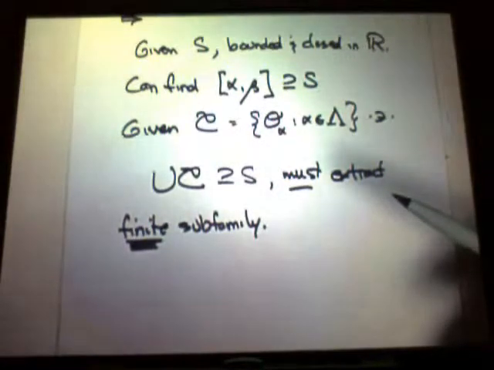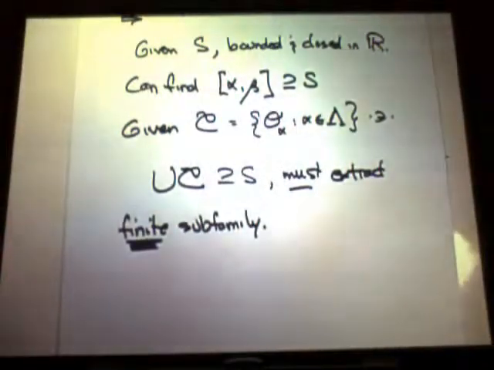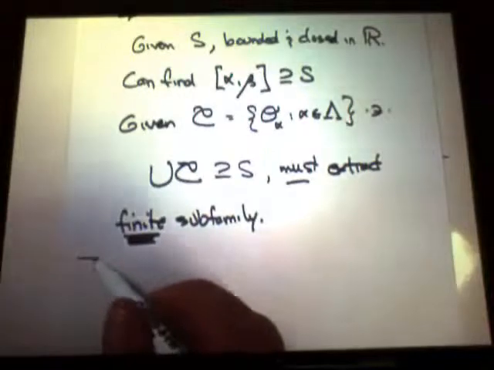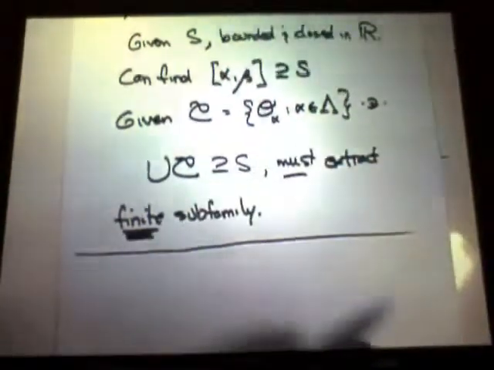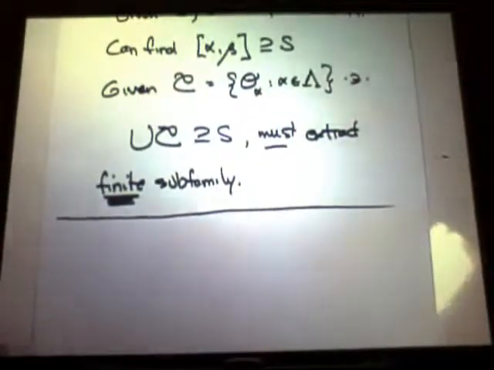So, what shall I do? What was that thing that worked for the Bolzano-Weierstrass thing? Method of bisection.